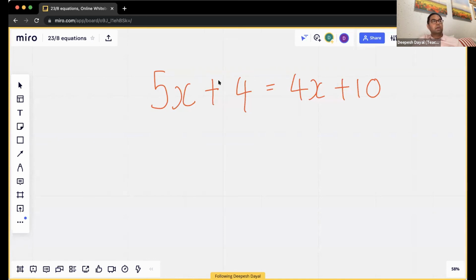So is the answer 6? Yes, it is 6. And how did you get that? So I said 5x minus 4x equals 10 minus 4. And then I said 1x equals 6, and x equals 6.